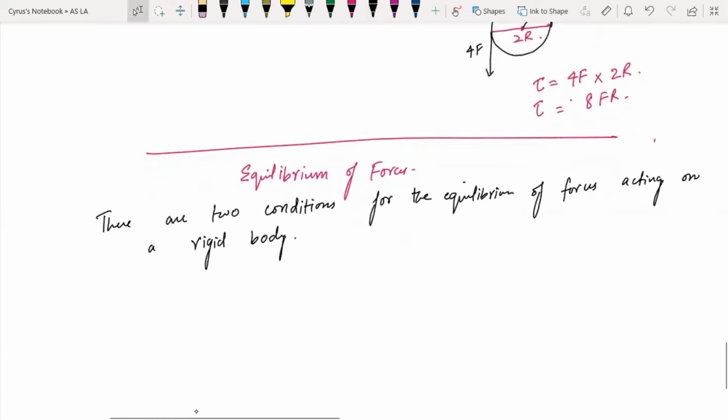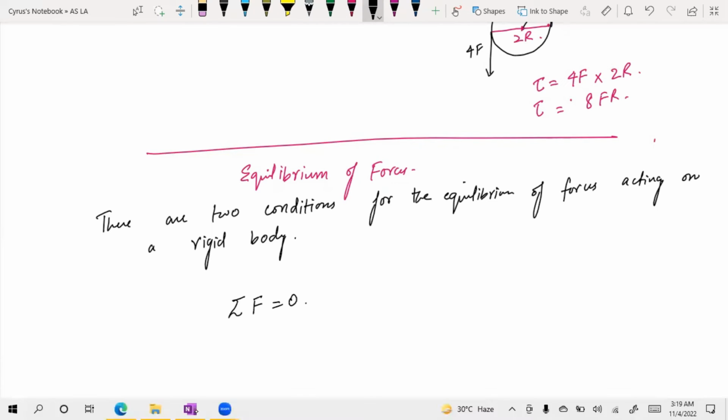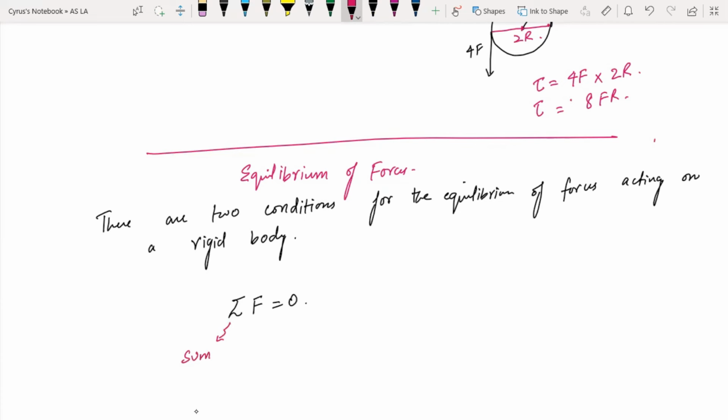अच्छा, एक कंडीशन तो ये कि सम ऑफ फोर्सेस इन ऑल डायरेक्शन इज इक्वल टू 0. इसको ये समेशन का साइन होता है, आपने माइक्रोसॉफ्ट एक्सेल में भी देखा होगा. सम, ये सम का साइन है. समेशन ऑफ f इज इक्वल टू 0. सम, इसको हम कहते हैं समेशन. This is the summation, which means addition.